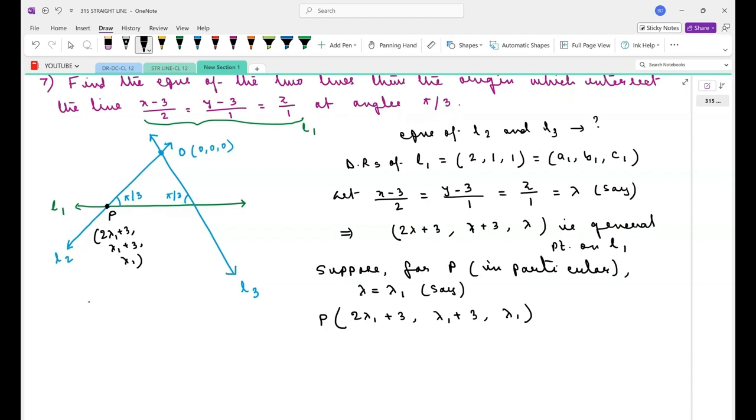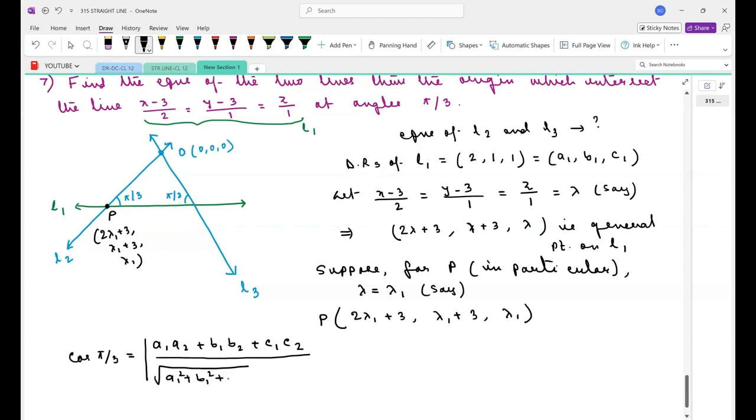Since the angle between L1 and L2 is pi by 3, cos pi by 3 equals, since it is an acute angle, the formula, okay, let me write the formula: A1 A2 plus B1 B2 plus C1 C2 by root over A1 square plus and so on. Okay, this is the formula.